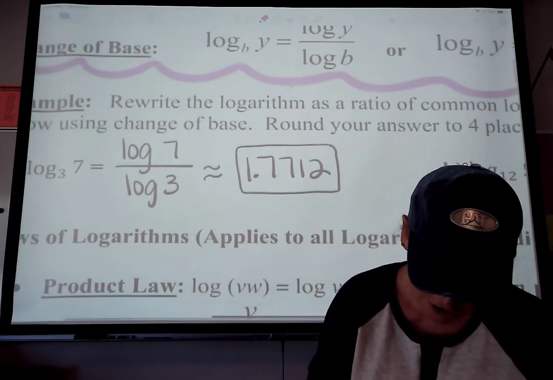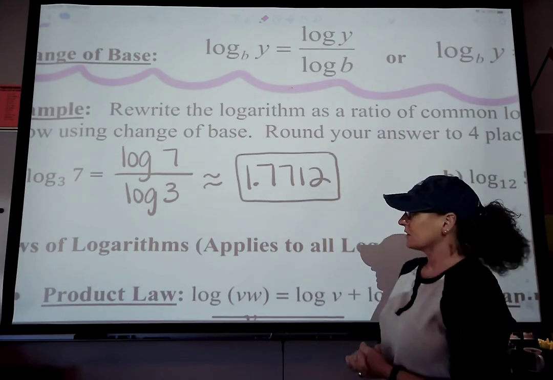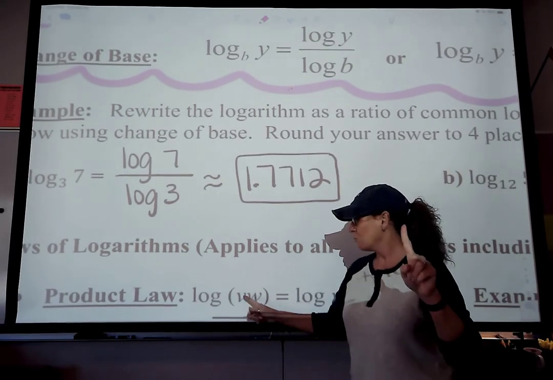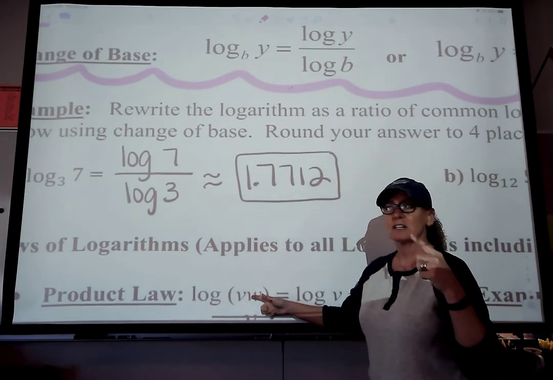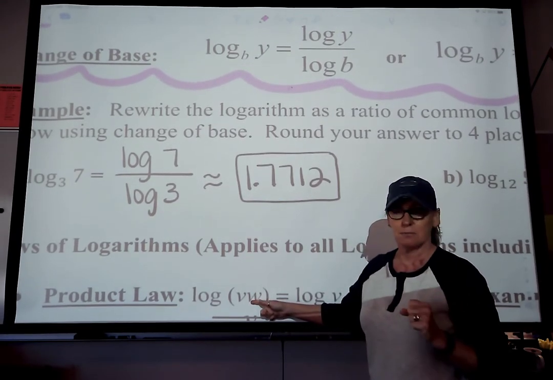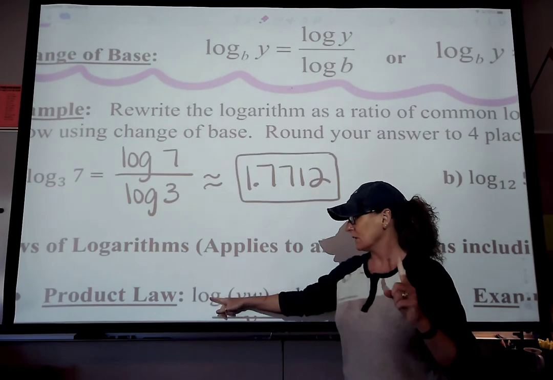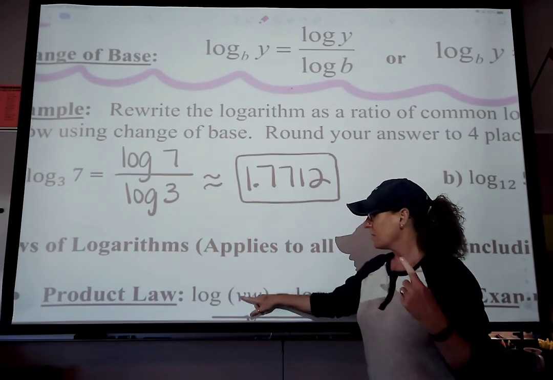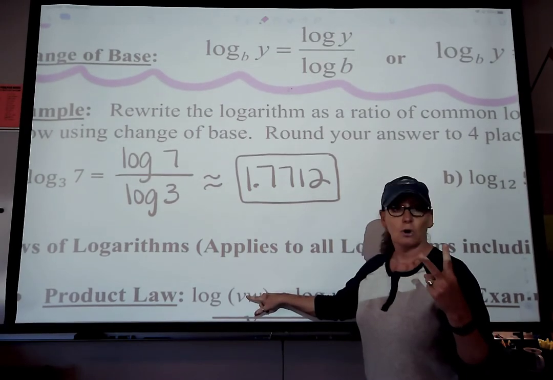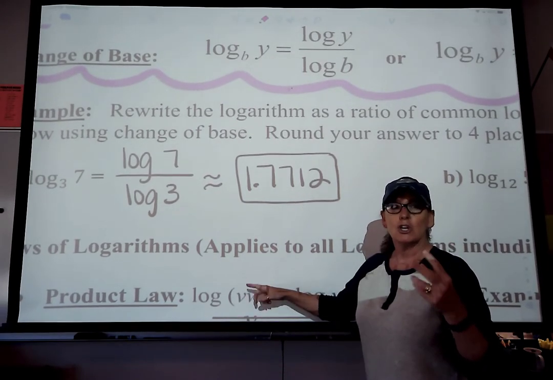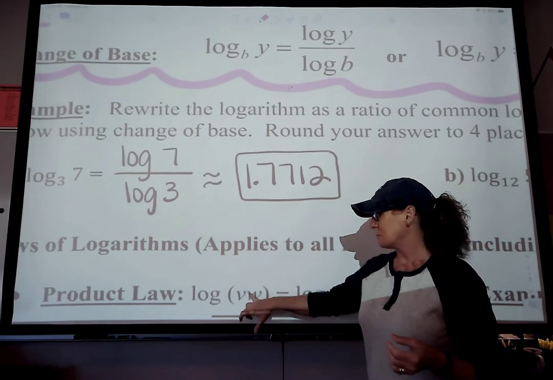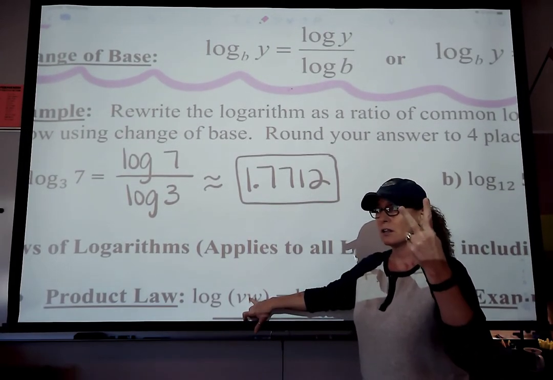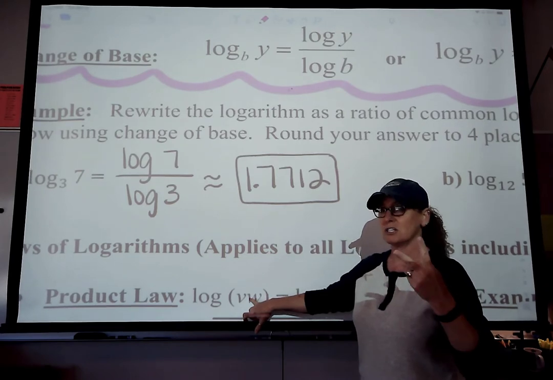So product law with expansion. Here's what the product law says. Let's say you have one logarithm, and what you're taking the log of is actually two things multiplied together. It doesn't matter what the base is. What you're taking the log of is two things or more multiplied together. You can expand this multiplication into separate logarithms using addition.